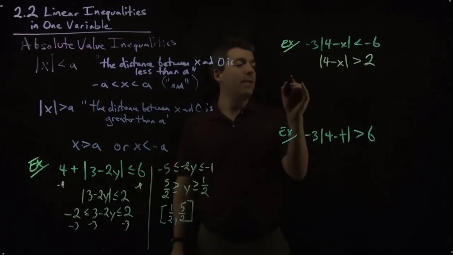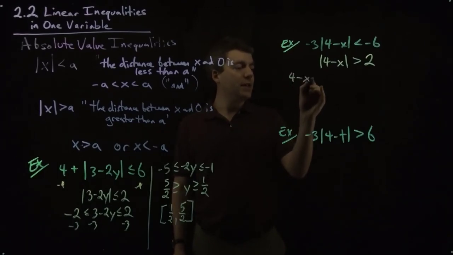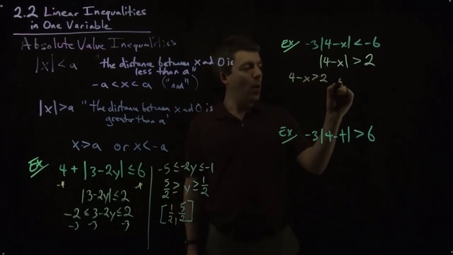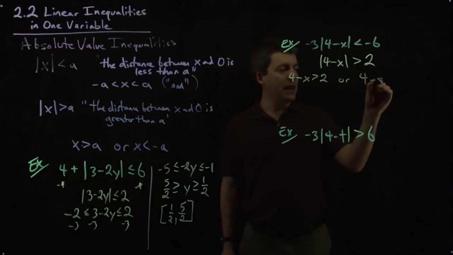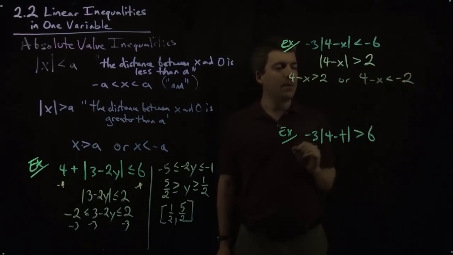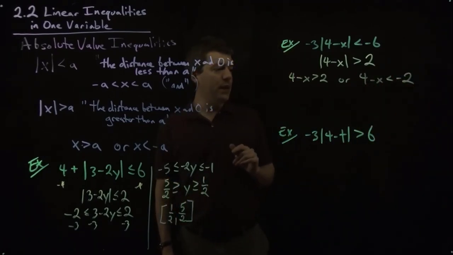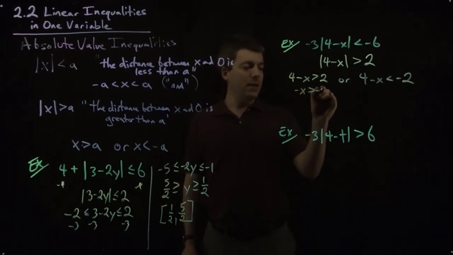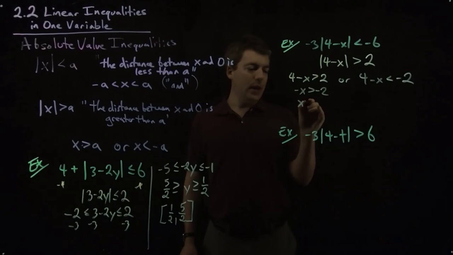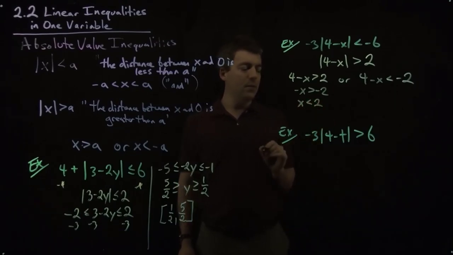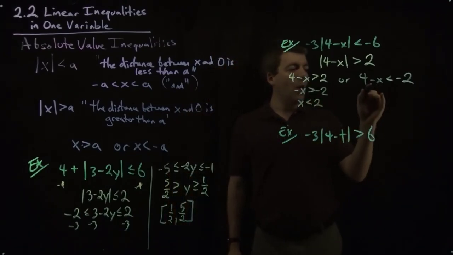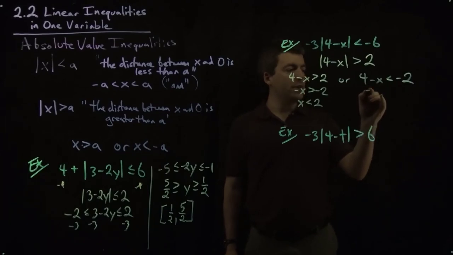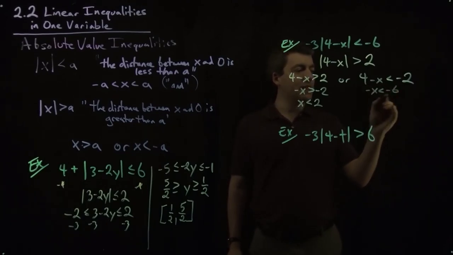So we'll have 4 minus x greater than 2, or 4 minus x less than negative 2. And we'll solve both of these. So we have opposite of x greater than negative 2. Switch the inequality, x is less than 2 from the first one. Or we'll subtract 4, so negative x less than negative 6.